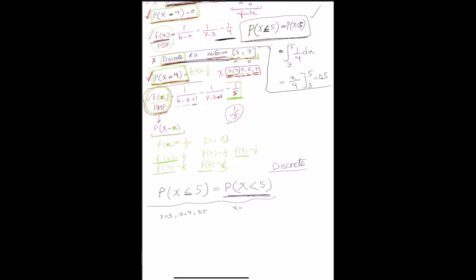X equals 4 and 3. So this probability calculates x equals 3, 4 and 5, while this one calculates x equals 3 and 4. So I can always say that these two are not equal. What is the relation between them?